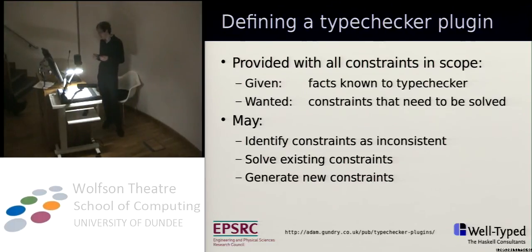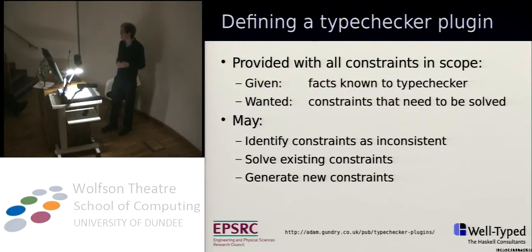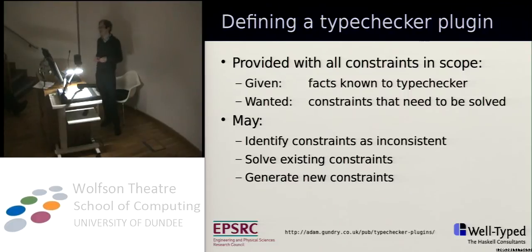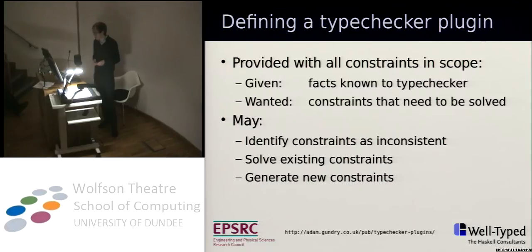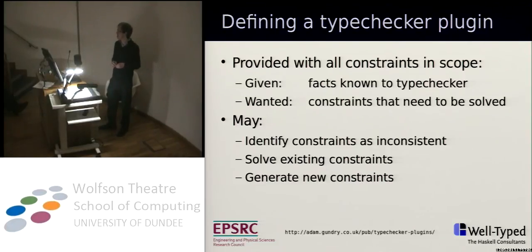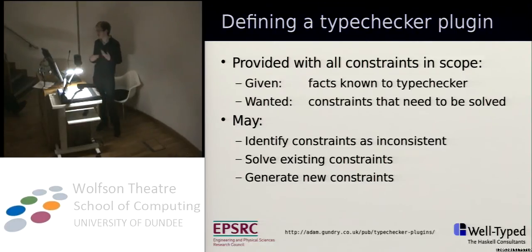And then the plugin is going to either identify that some of the things you're trying to solve are in fact impossible, that you're trying to show that meters are the same unit as seconds, and it can observe that this is impossible and complain. Or a plugin could solve some existing constraints and generate some new constraints that allow the constraint solving process to proceed.